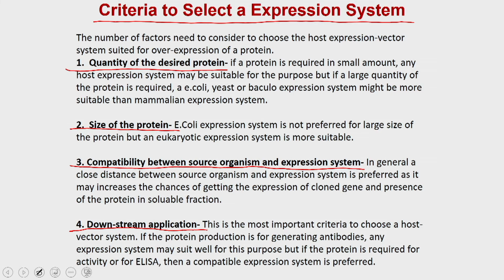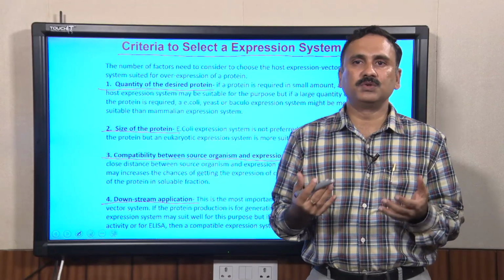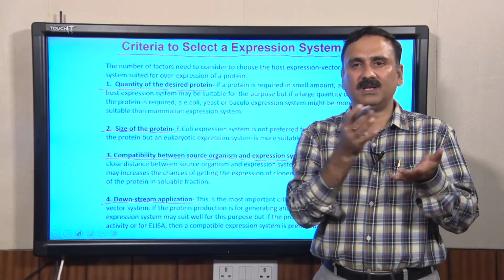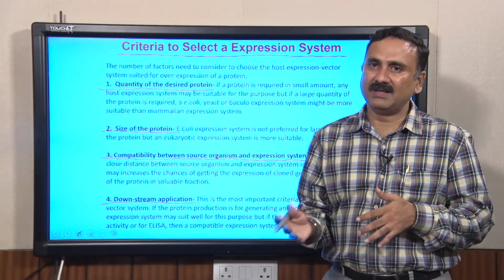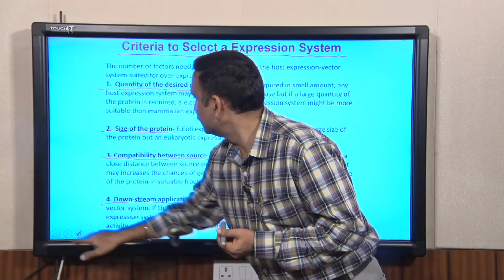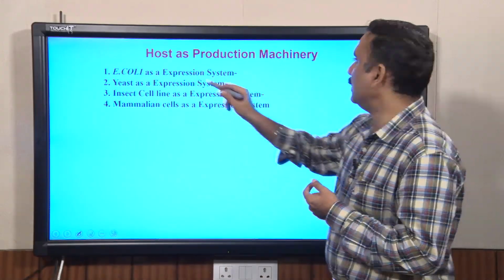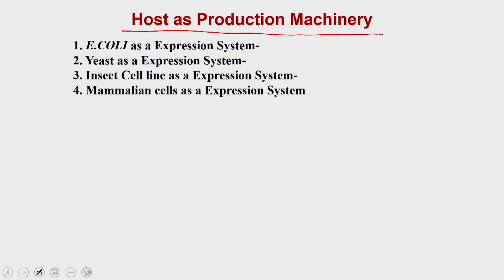Considering these criteria, you can choose different types of host, whether a bacterial host, yeast host, insect or mammalian cells. So, as the host is the production machinery, we discussed different types of expression systems: E. coli, yeast, the insect cell line, and the mammalian expression system.